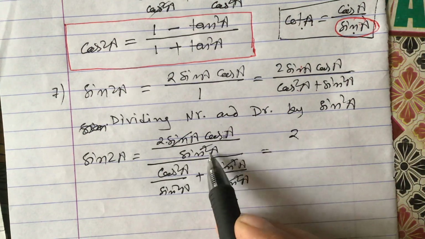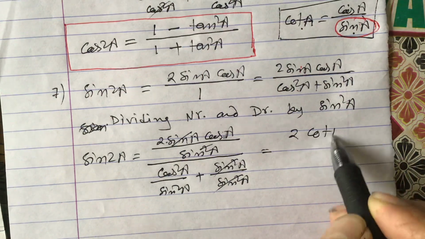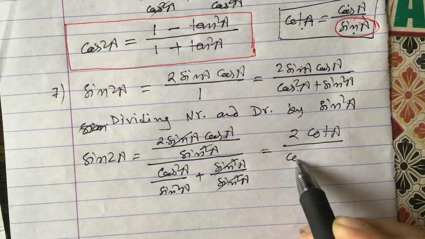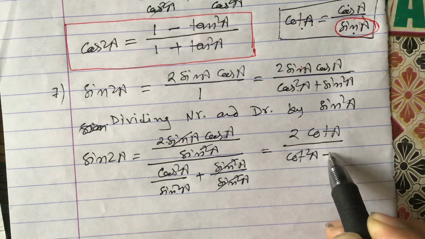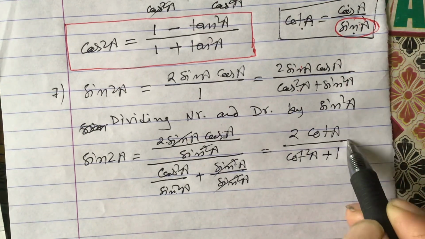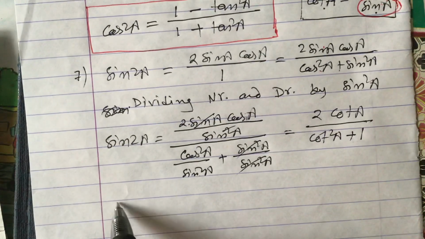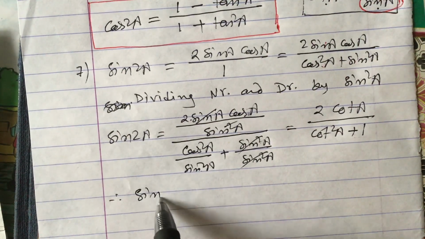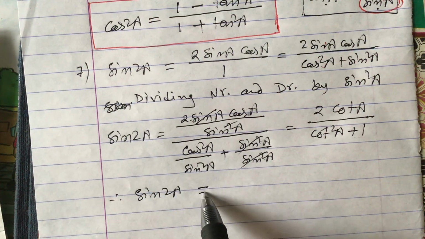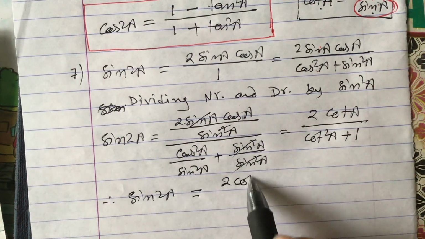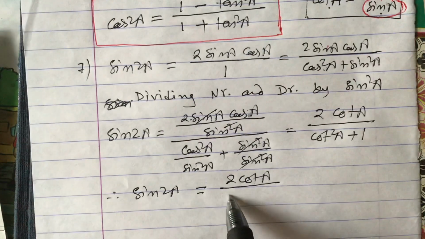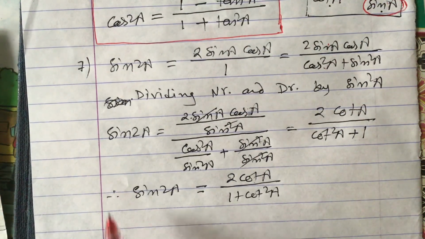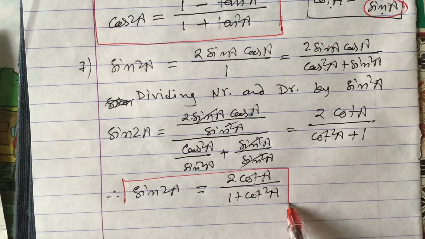Now cos a by sine a is cot a, divided by cos square a by sine square a is cot square a, plus 1. So if you need the formula of sine 2a in terms of cot, we can write 2 cot a divided by 1 plus cot square a.